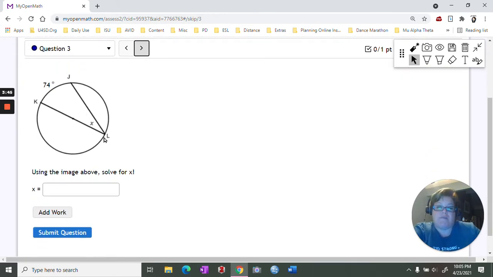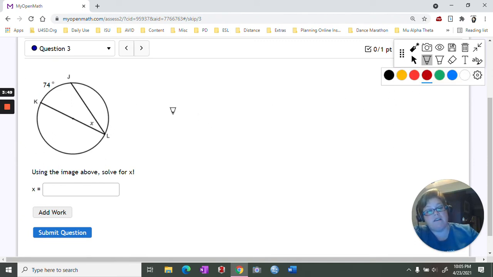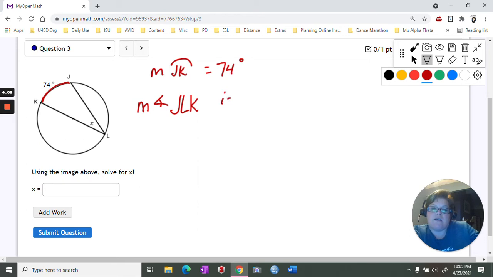This is an inscribed angle. Remember, our inscribed angle is half the arc. Here's my arc that is 74 degrees, so the measure of arc JK equals 74 degrees. I want to find the measure of angle JLK. That is an inscribed angle.